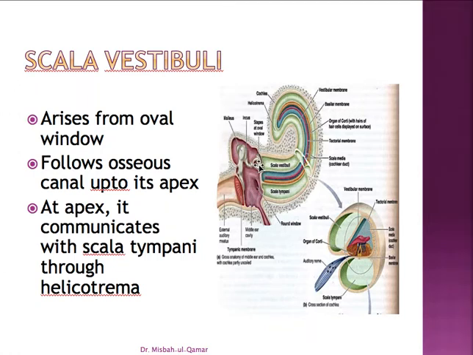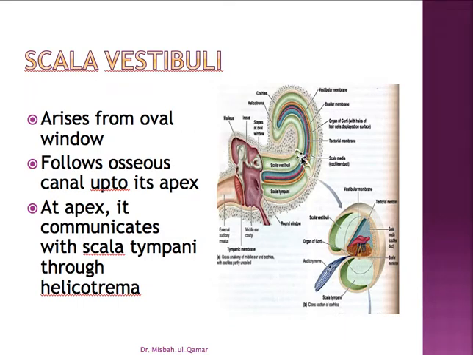and then this chamber follows the osseous canal up to the apex, and at the apex of the cochlea, this scala vestibuli communicates with the scala tympani through the helicotrema. Helicotrema, basically, is an opening.